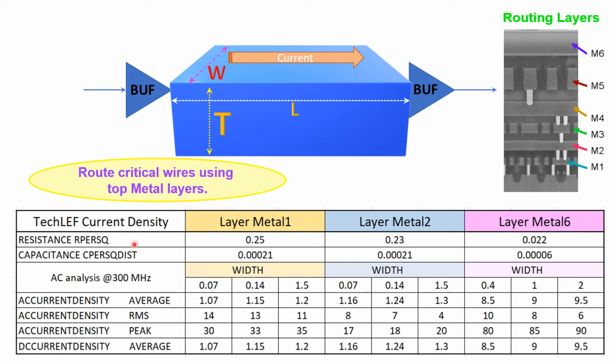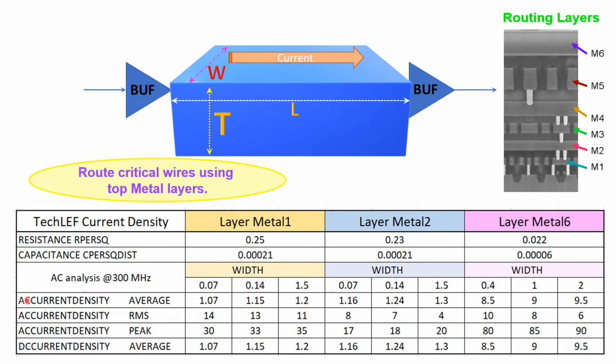For example, if you observe the TECH LEF, which is used in physical design and other soft design flows, I have just taken a numerical part of it. There are different attributes for a metal layer, for example resistance R per square, the parallel capacitance per distance, and also EM related values.